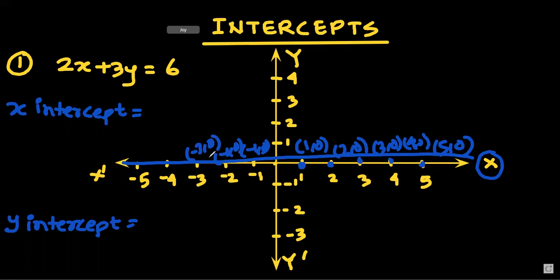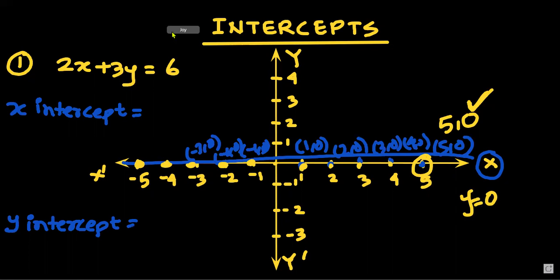What is the common point there? You can see that for all the points on the x-axis, the y-ordinate is 0. The y is always 0. Suppose you take 5 and 0, y is always 0. So you can say the equation of the x-axis is y equals 0.